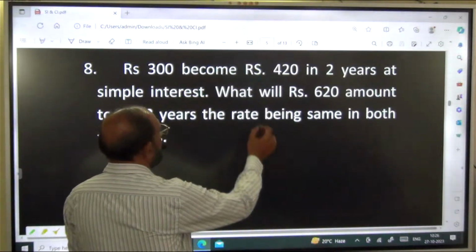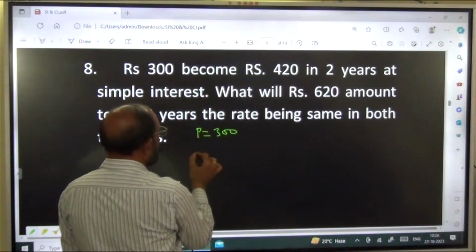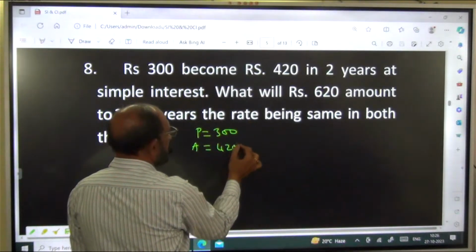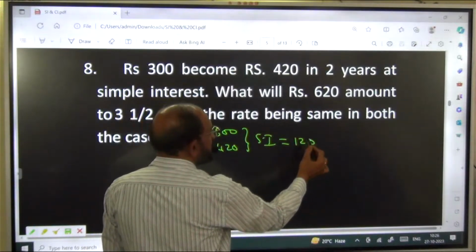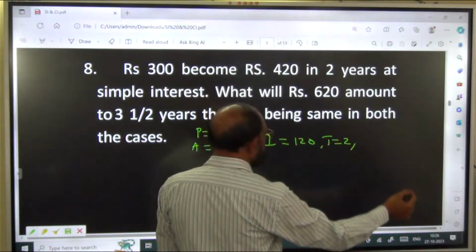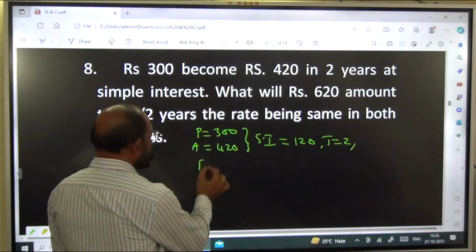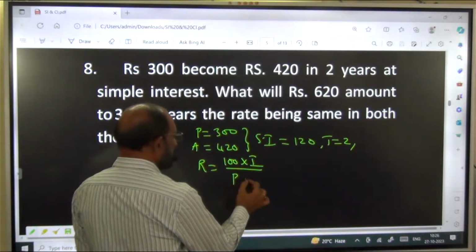See here, principal is equal to 300, amount is equal to 420. Then simple interest is equal to how much? 120 is the simple interest. T is equal to 2 years. Rate of interest we don't know. R is equal to 100 into interest by PT.